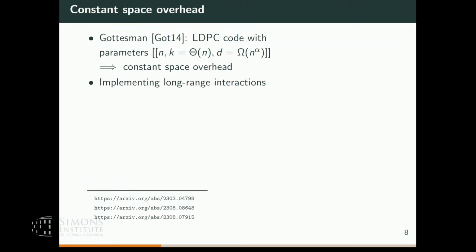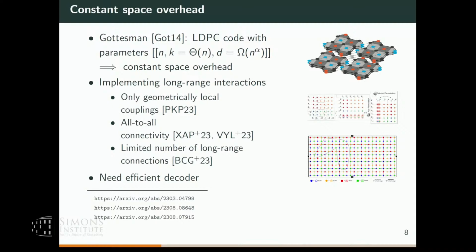One of them is that we need to implement long-range interactions. Because if we want to remain spatially local, then again we're running into the Bravyi-Poulin-Terhal bound. I guess last year there were a lot of interesting proposals on how we might deal with this issue. Chris yesterday talked about this scheme of hierarchical codes if you have some architecture that only has geometrically local couplings.